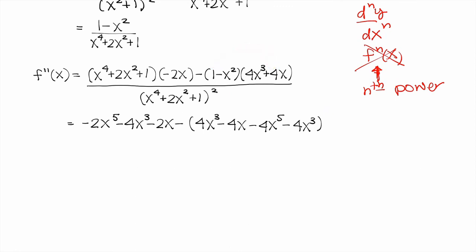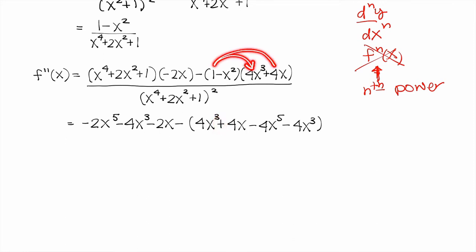So this should be a plus. And then the second two terms here are from doing negative x squared times 4x cubed, which is negative 4x to the fifth, and then negative x squared times 4x, which is negative 4x cubed. When I first did this, I had a minus here, but that wasn't right.